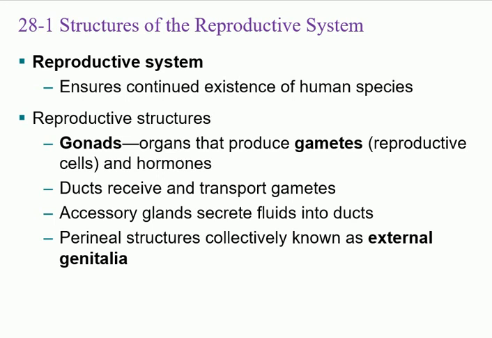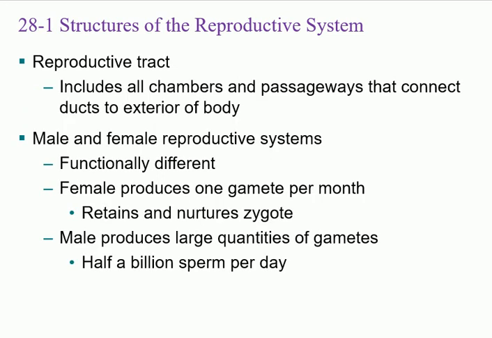Okay, there are internal organs and external organs. We are going to cover that. And obviously, male and female reproductive systems are different because of the pregnancy. Basically, this is the main difference between males and females. And the other thing is, males produce androgen, right?